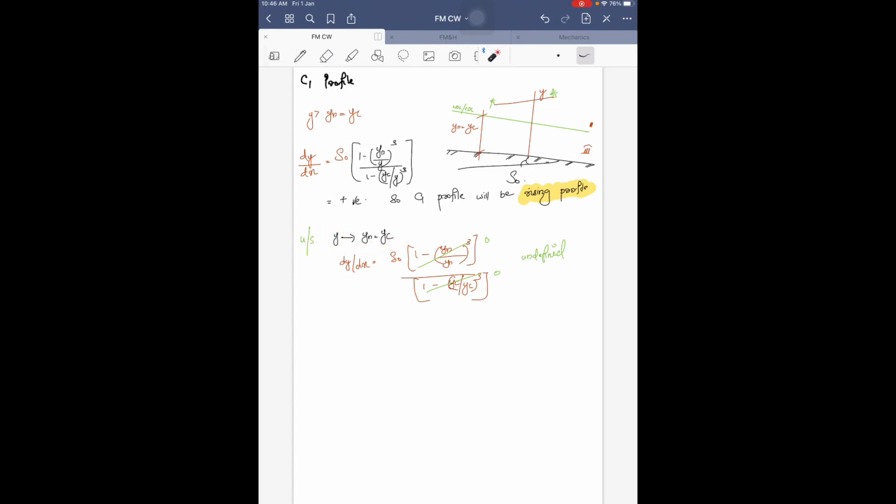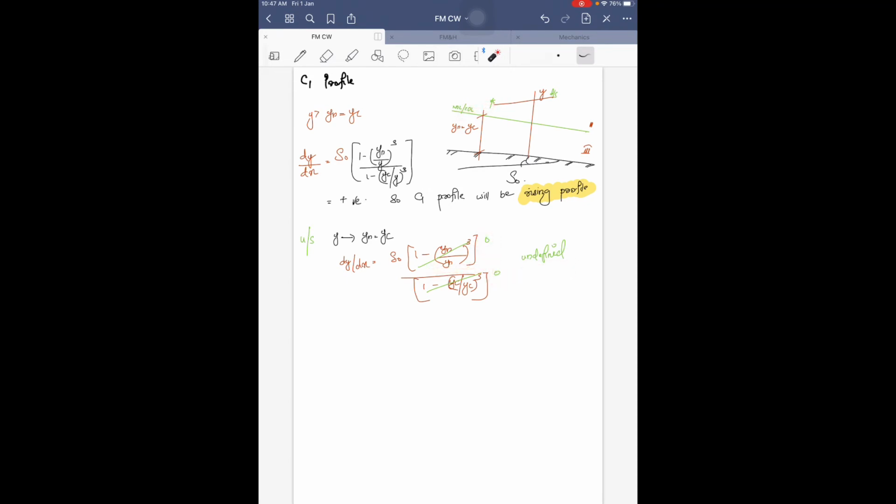I wish to tell you once again, when this profile touches the NDL CDL line, the profile becomes undefined because it will become 0 by 0.